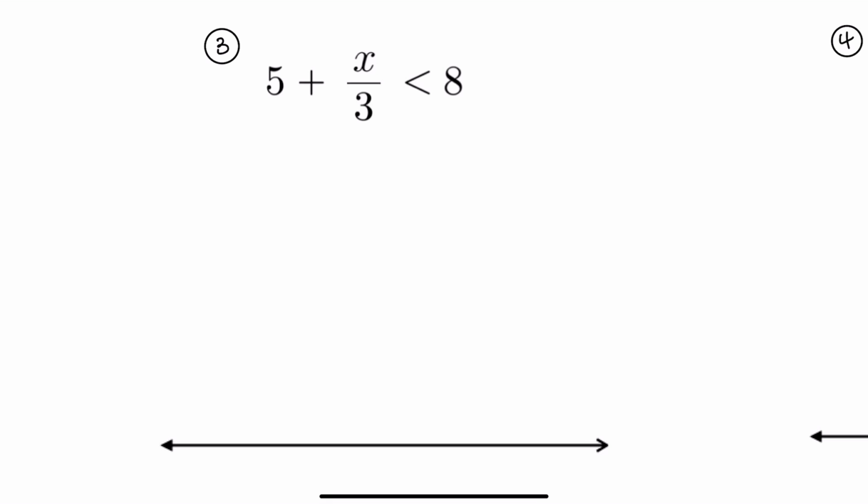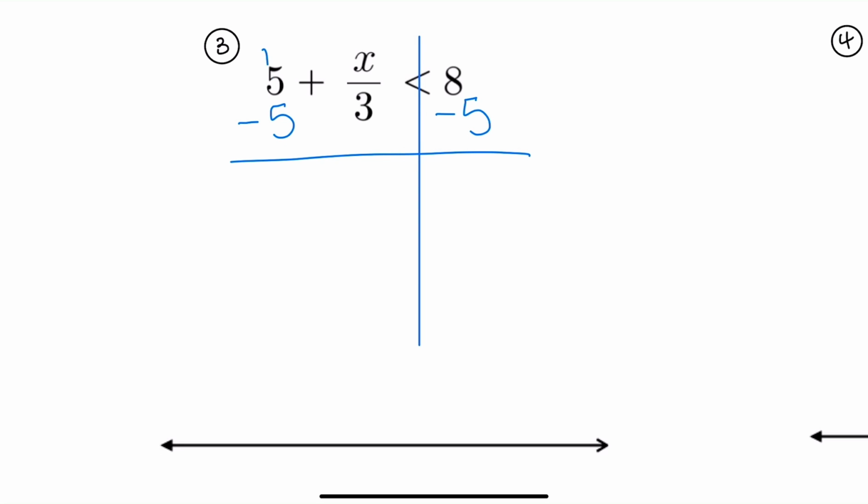All right, so same situation. We are going to draw our line to show our different sides, and then we're going to start with our adding or subtracting first. So it looks like the 5 is being added. So to get rid of it, I see it's a positive 5, so I'm going to subtract 5 from both sides.